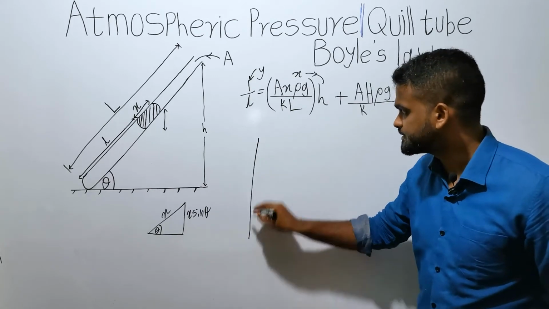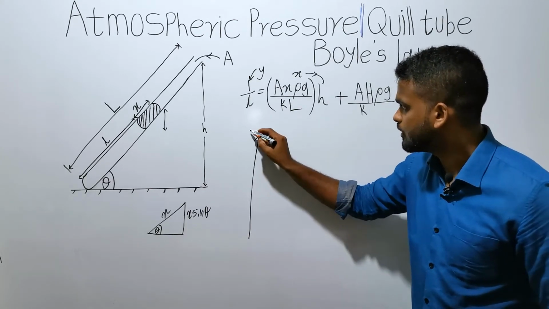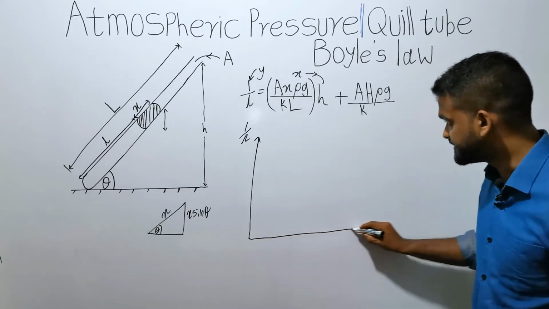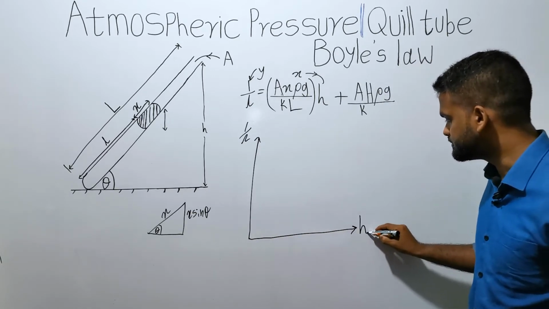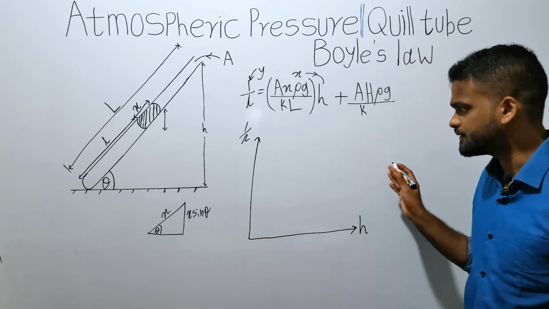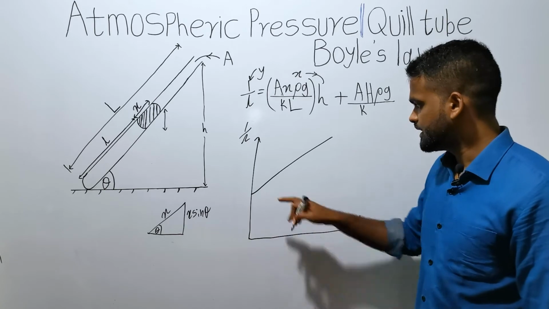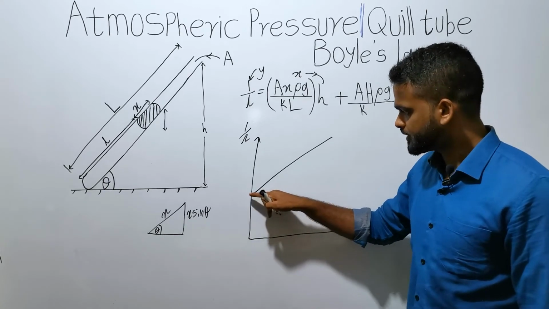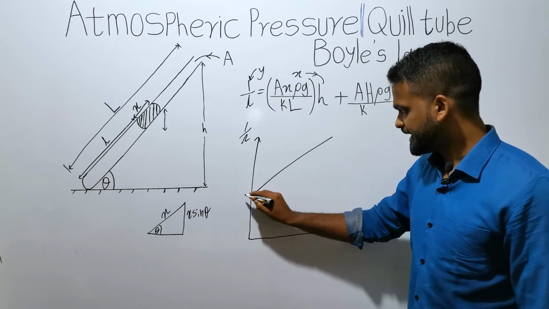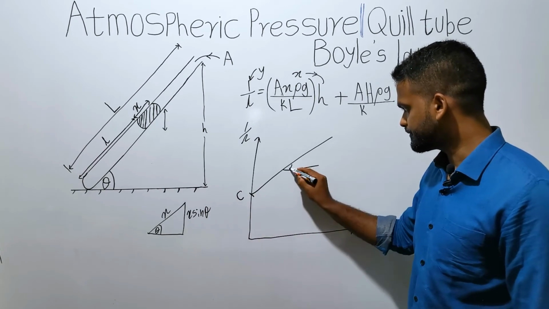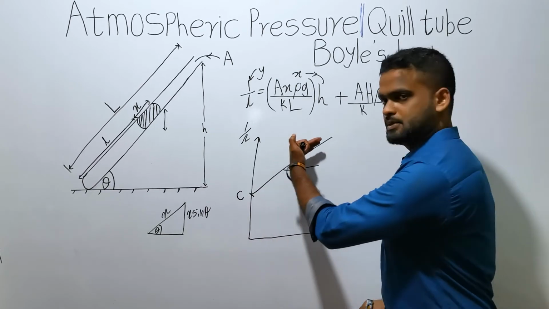For the y-axis, you have 1 over L. For the x-axis, you have simple h. The graph should be linear, like this, and it should contain a positive intercept, and the gradient of the graph should also be positive.